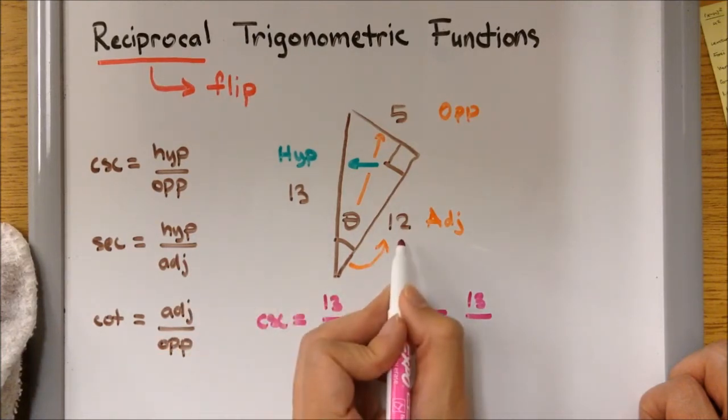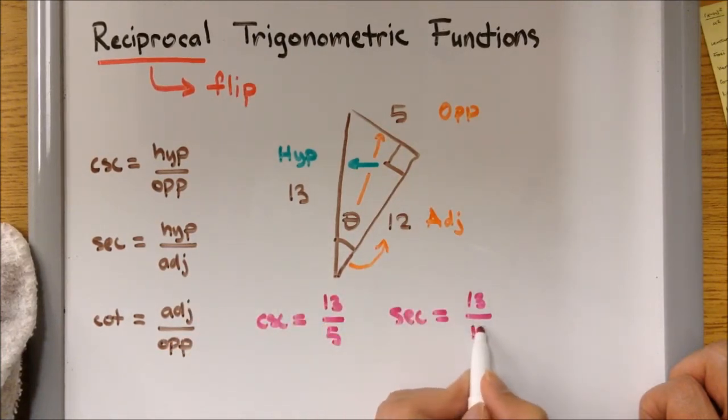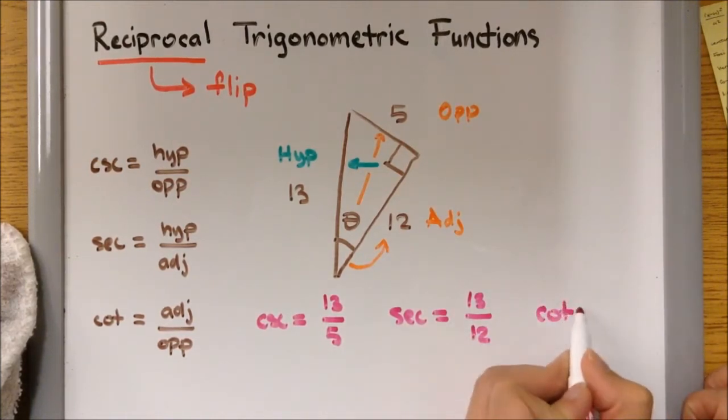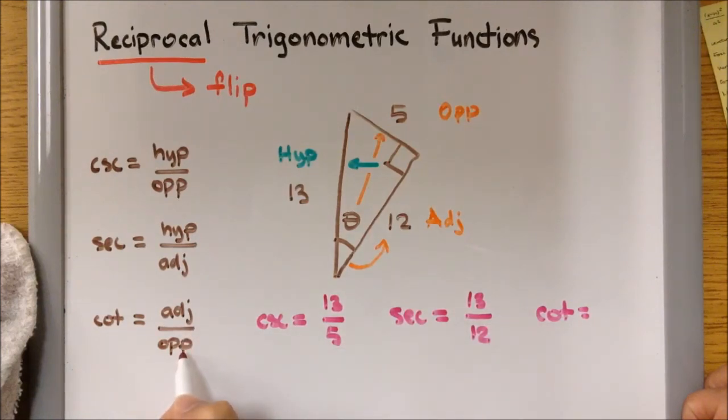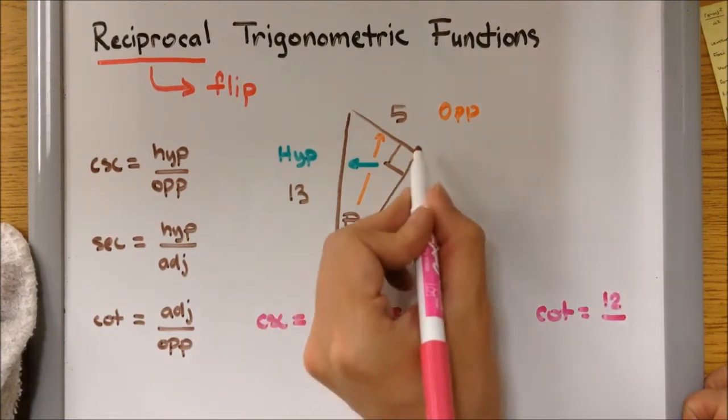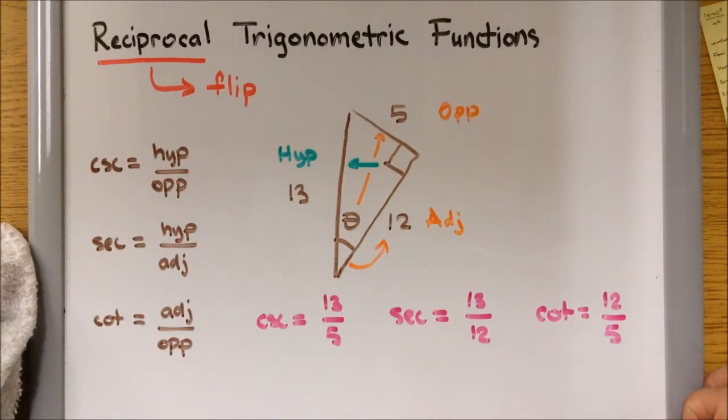Adjacent is on the bottom, so 12 will be at the bottom. Now we're going to do cotangent, which is adjacent over opposite. On the top, my adjacent, which is 12. On the bottom, opposite, that is 5. So here are our trigonometric ratio values: cosecant is 13 over 5, secant 13 over 12, cotangent 12 over 5.